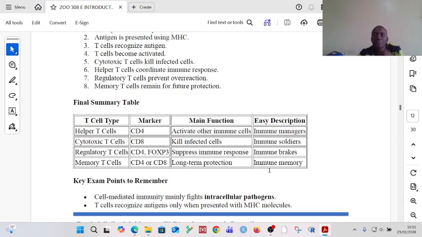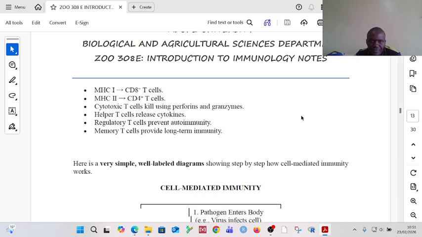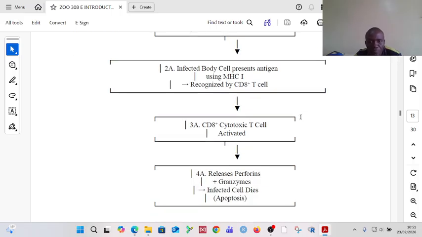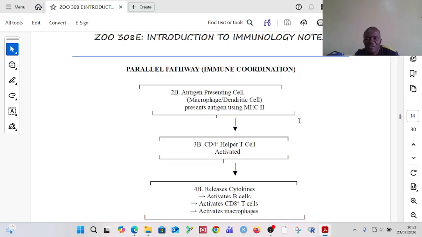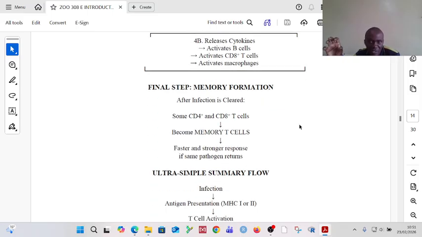Awesome. Okay. On page 13, I provide you with diagrams just to help you know the flow. Okay, how cell-mediated immunity works, how, for example, the immune coordination works, and how the memory situation forms.